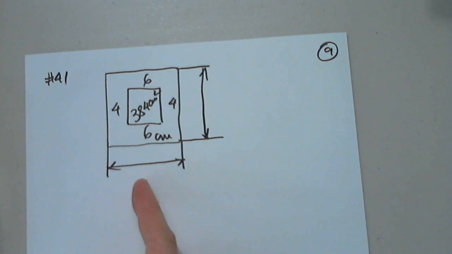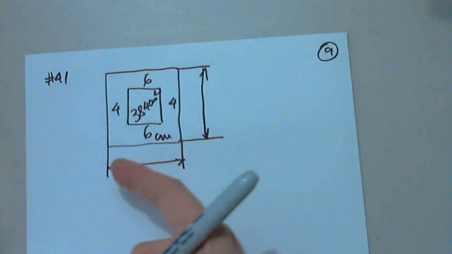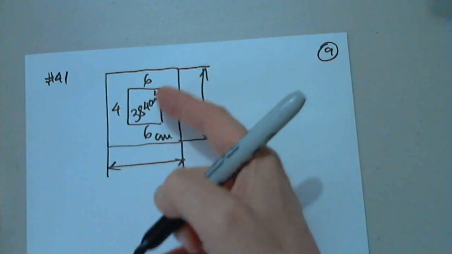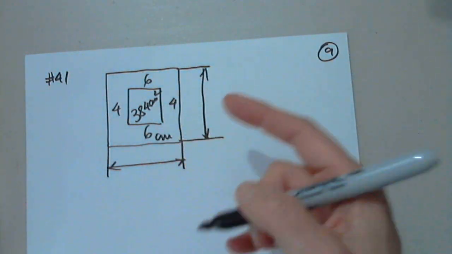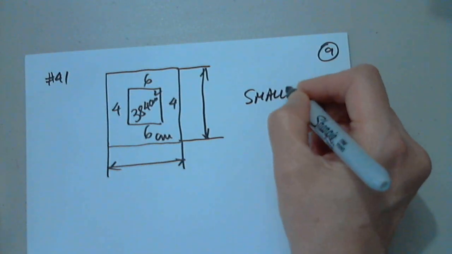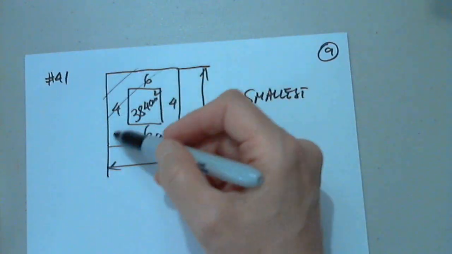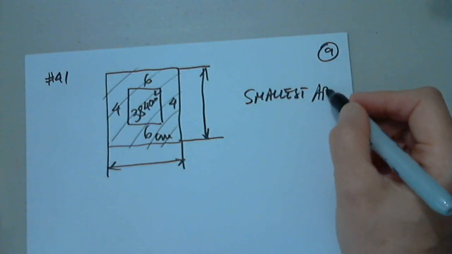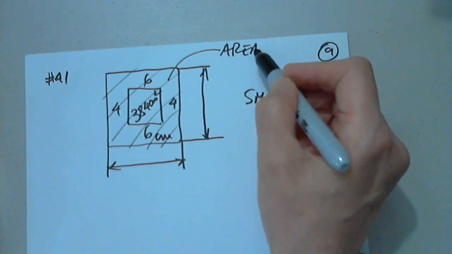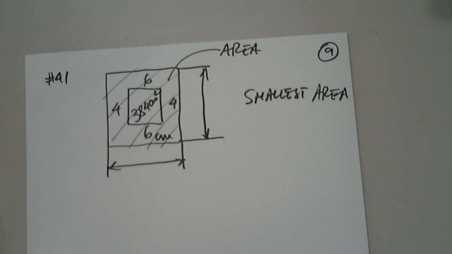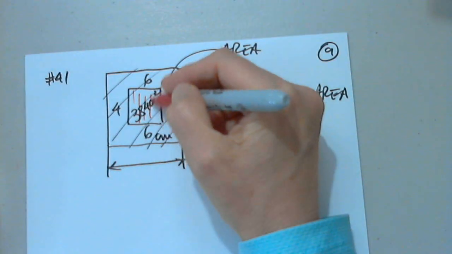So they want us to determine the width and the length, or the base and the height, for the smallest area. We are given the printed area. This has to be fixed.